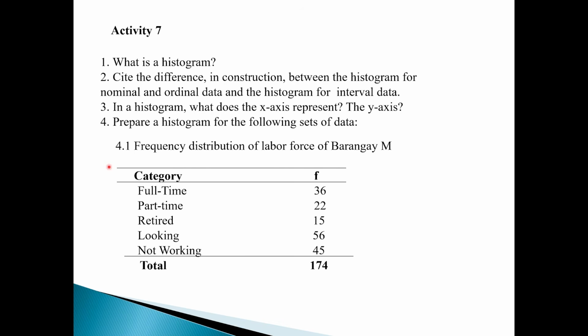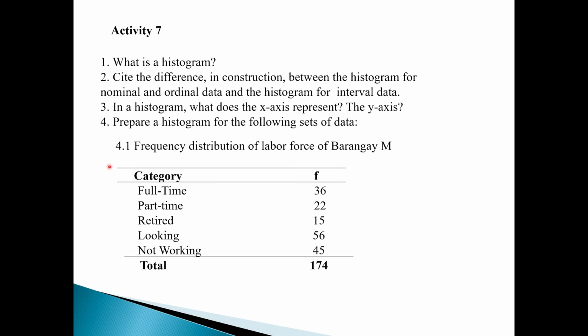Okay. So again, another activity, what is a histogram? It's essentially a bar graph, okay? What's the difference in construction? I'm sure you already know the difference in construction for nominal, ordinal, and interval. Nominal and ordinal is actually almost the same. For interval data, you actually have to plot the class mark, okay?